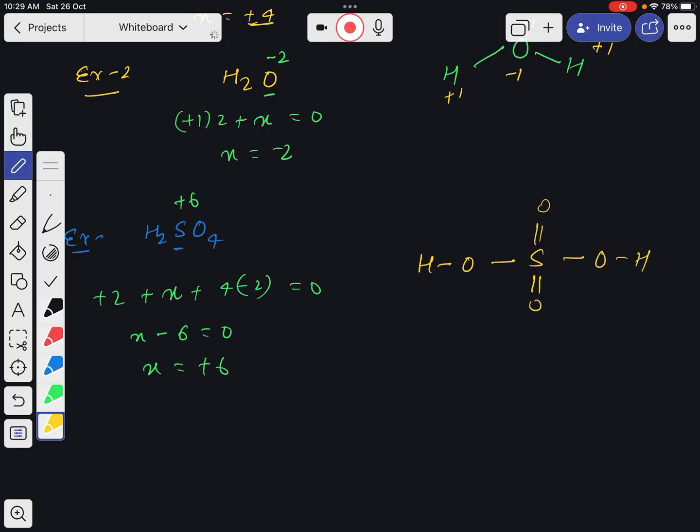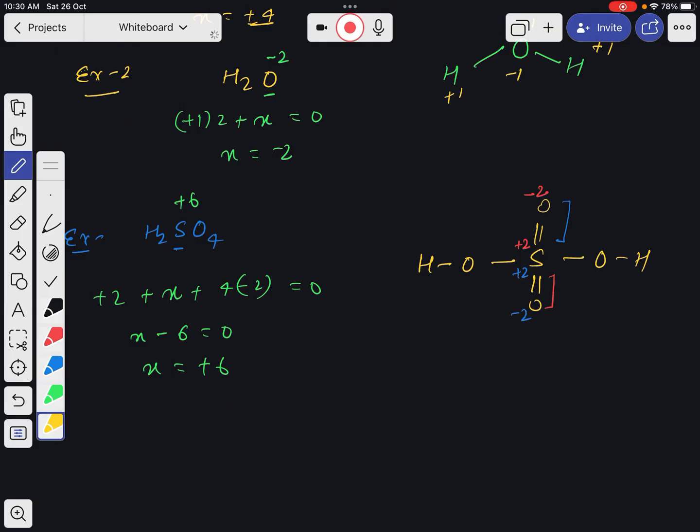In covalent bond, for the top sulfur and oxygen, the electronegativity of oxygen is high, so oxygen is minus 2 and sulfur gets plus 2, and for this sulfur and oxygen, sulfur gets plus 2 and oxygen gets minus 2.